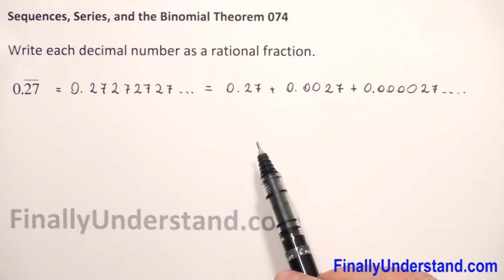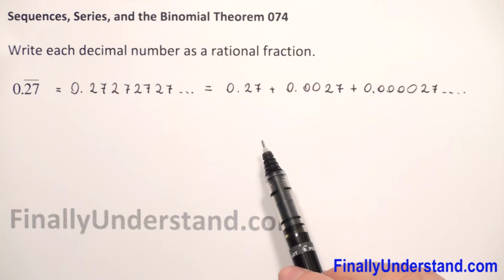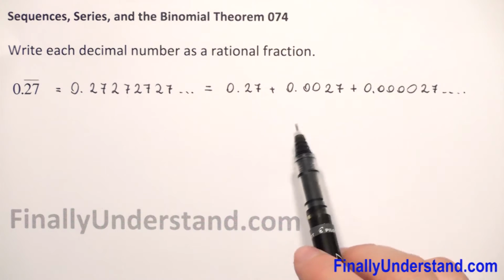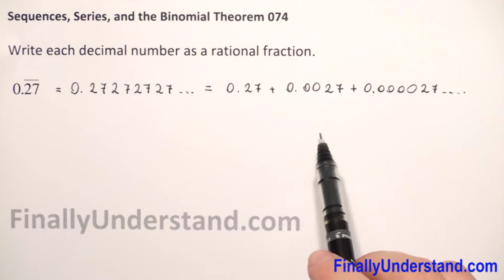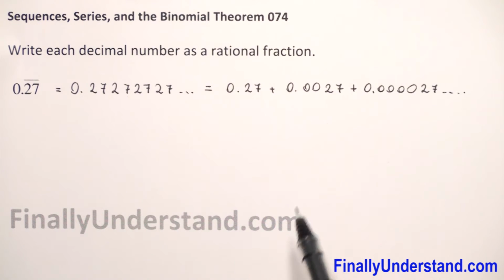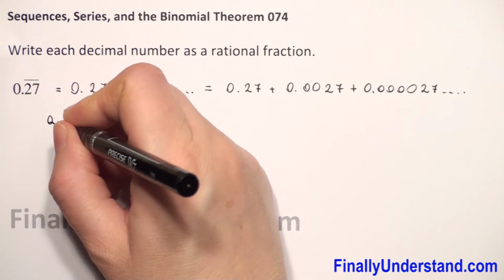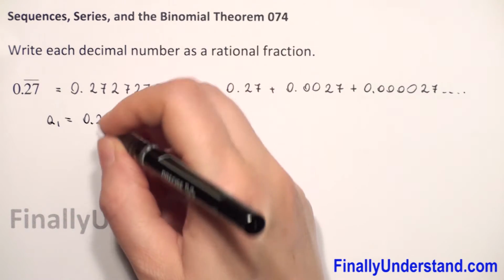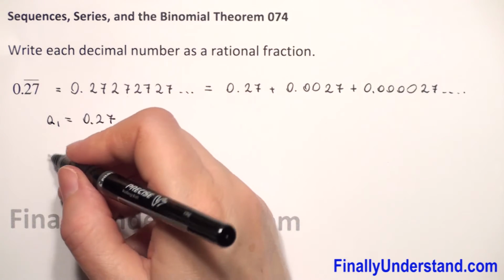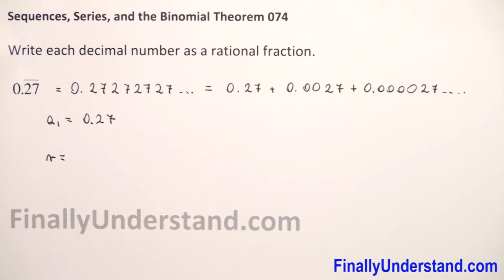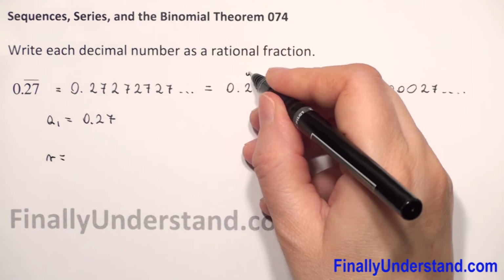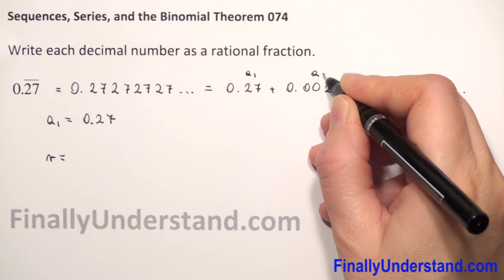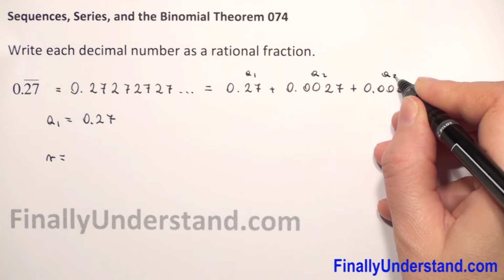And now we see that the terms of this series form an infinite geometric progression, where the first term a1 is 0.27 and the common ratio r we can find by taking the first term and the second, or the second and third.